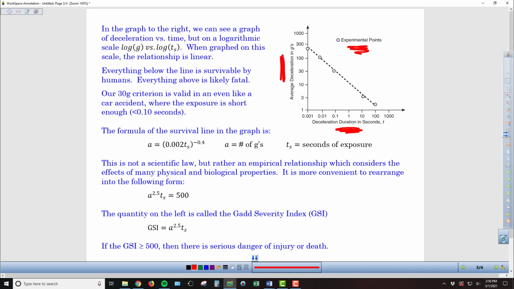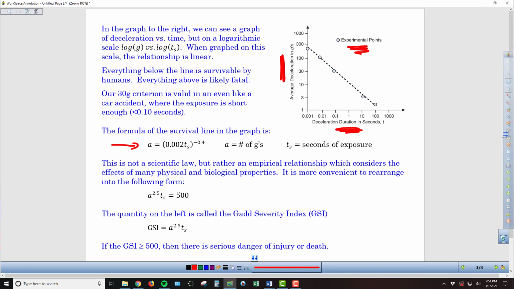We've got the average deceleration in Gs that the person experiences, but again, graphed on a logarithmic scale. And when we put those extreme episodes on a graph, we see that they come pretty close to having a linear relationship on this logarithmic scale. And so we can find the equation of that boundary line that's shown here: A equals 0.002 times the duration raised to the negative 0.4 power.